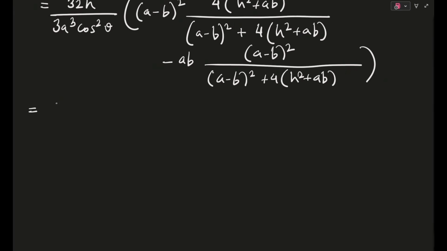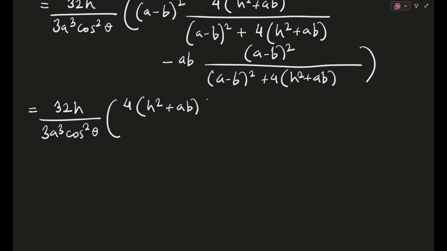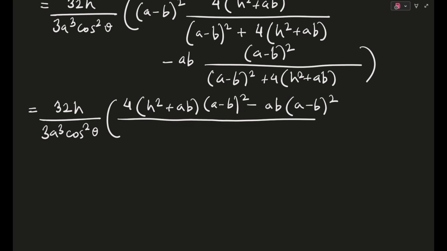So if we again write this down, this will be 32h whole divided by 3a cube cosine square theta, multiplied by 4 times h square plus ab times a minus b whole square minus ab times a minus b whole square, and this is whole divided by a minus b whole square plus 4 times h square plus ab.